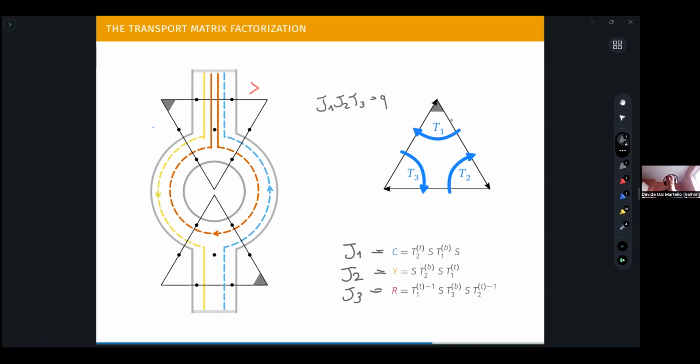Now, the last step is to develop the underlying algebra to run some computations for this C, Y, and R. Namely, at the moment, I have no idea of the algebras over which these matrices are defined. So I technically cannot run any computations and check any relation.